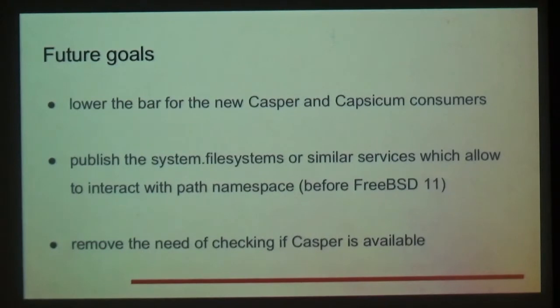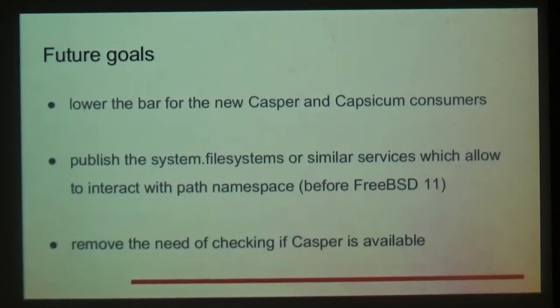So my future goals for Casper and Capsicum are to lower the bar which is needed to use Capsicum and Casper in a process. I would also like to implement a file system service, which provides a way to obtain some files from the system, to open files.